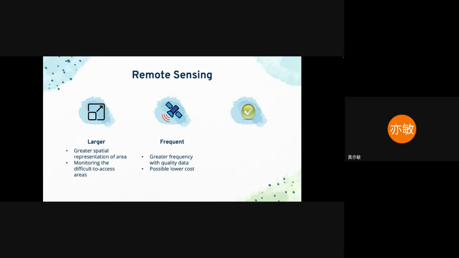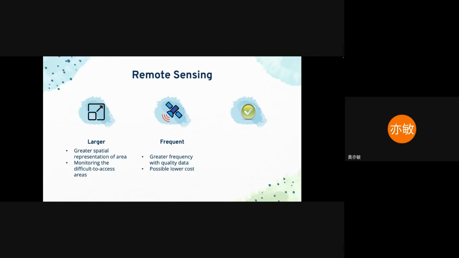The next one is, I would say, how often you want to obtain new data. Remember, in the previous slides, we talked about monitoring. We need to put the sensors on site. That is small scale monitoring. But if we want to know what's going on around the area of interest, then you can consider using remote sensing. And the next question is how often you want to monitor the change.